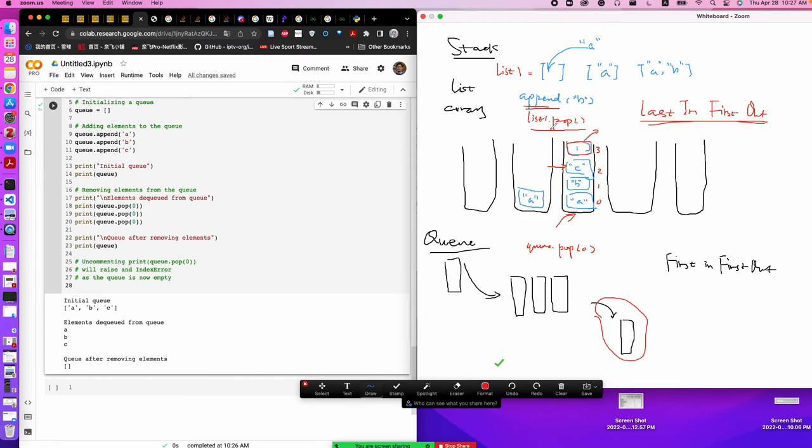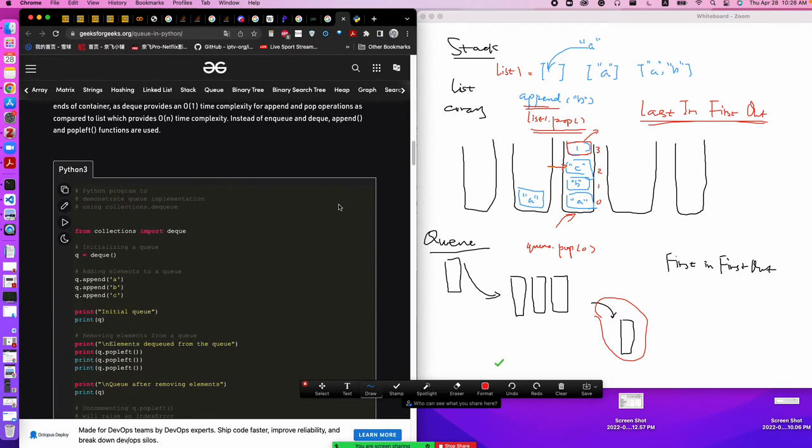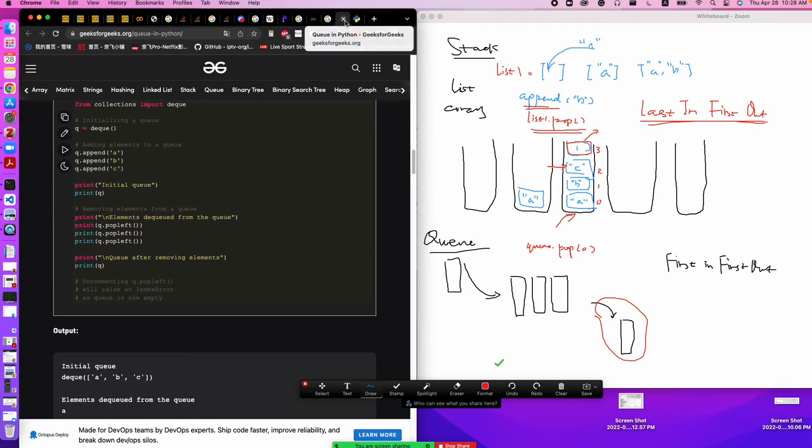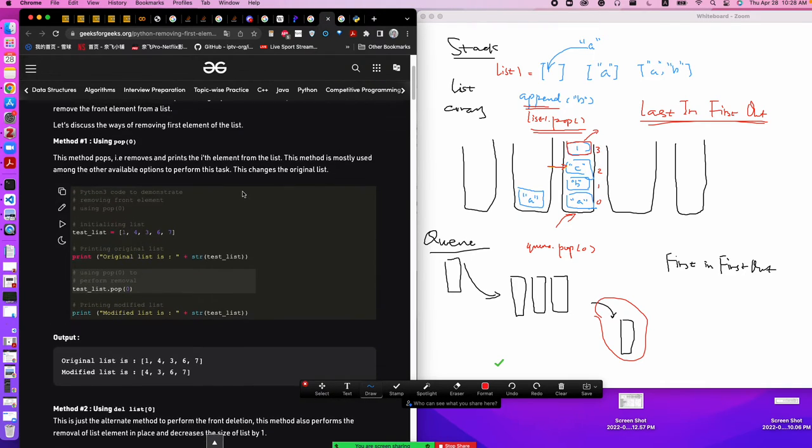I've discussed before, in the stack we can use pop, but in the queue we can use pop(0). Another way is to use the queue package, but I'm not sure whether they introduced this one. Let me see.